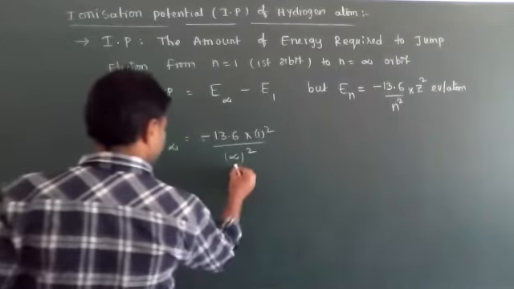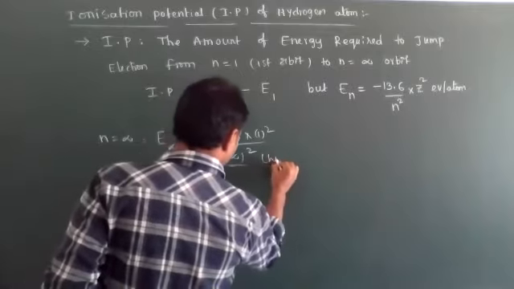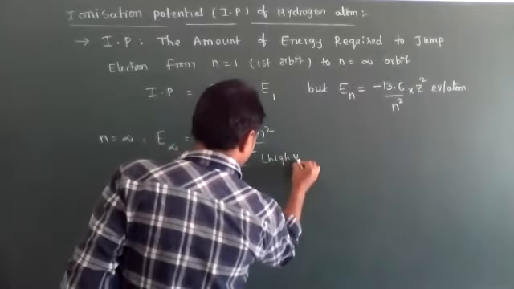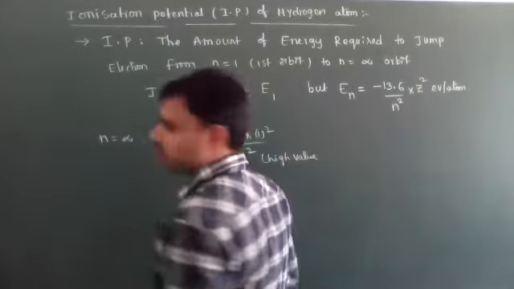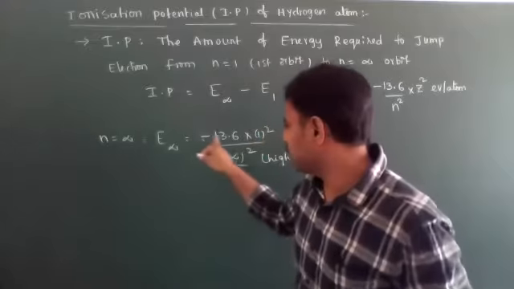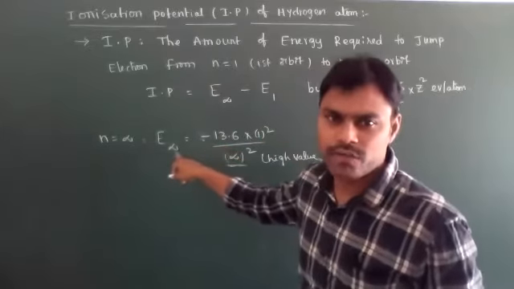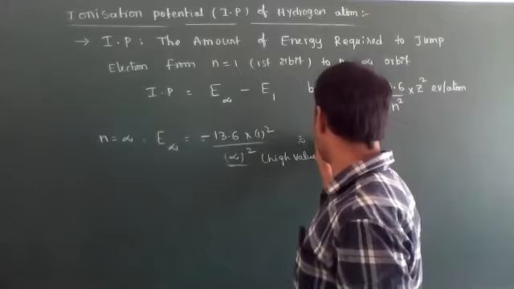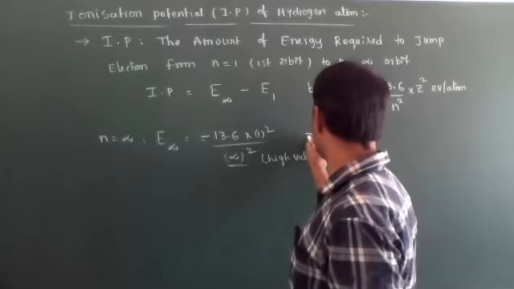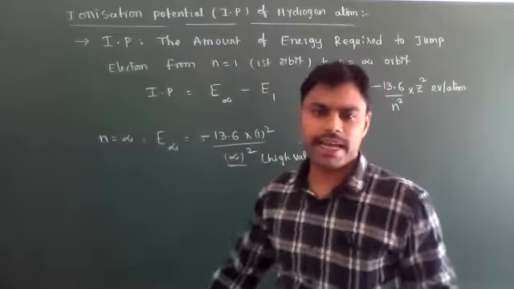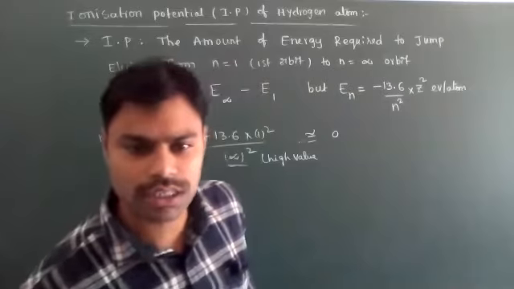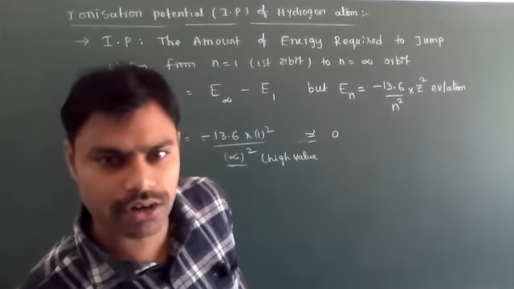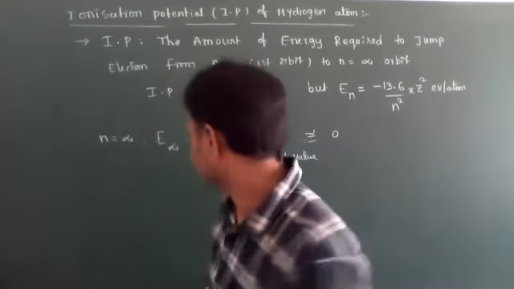When the denominator value increases, the total value, the infinity energy value, decreases. It is approximately or almost 0. So the infinite energy level value is almost 0. Very good.